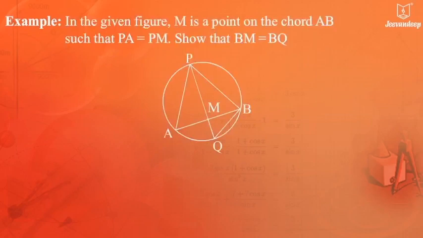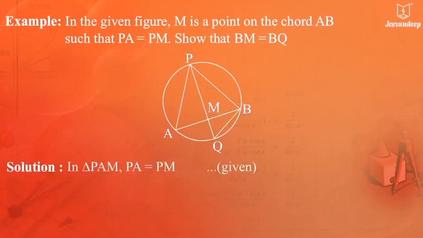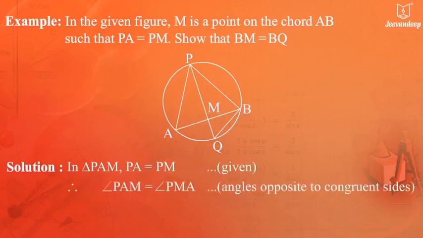Example: in the given figure, M is a point on the chord AB such that PA equals PM. Show that BM equals BQ. Solution: in triangle PAM, PA equals PM as given.